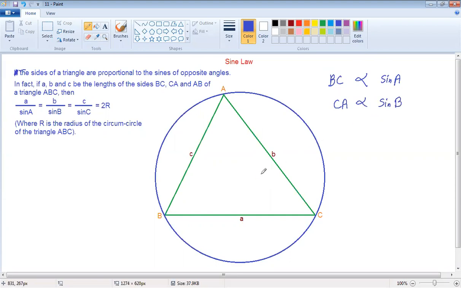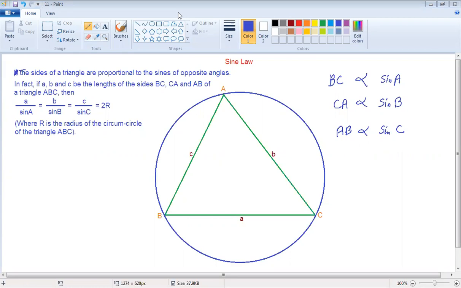And the side AB, its opposite angle is angle C. So AB is proportional to sine of C. You have read about direct proportion in the earlier classes.